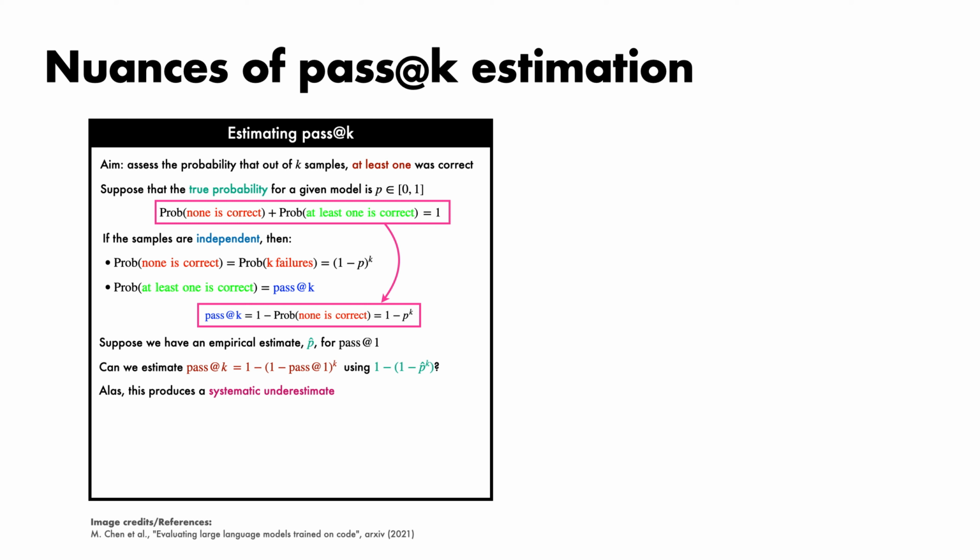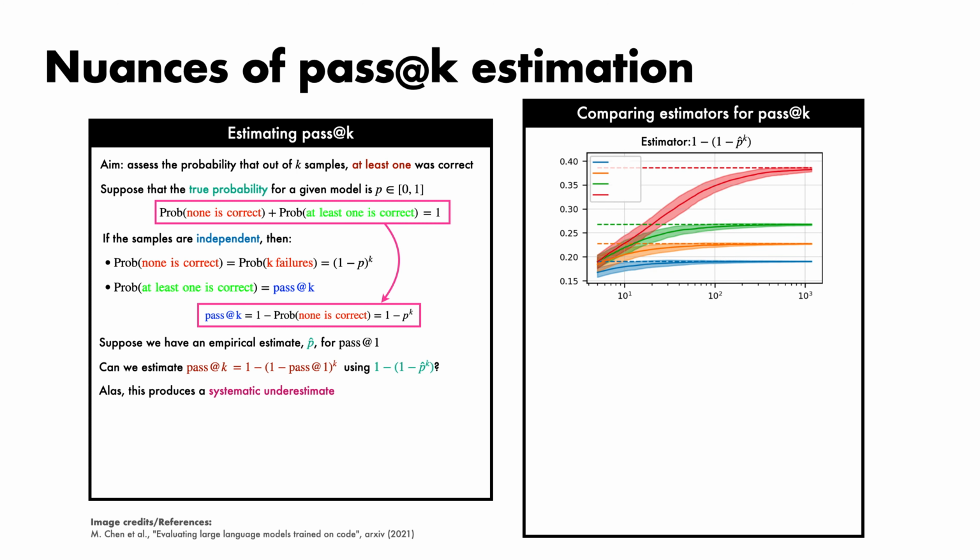To see this, we can plot both the bias and variance of the estimator for pass@k that uses this formula. On the x-axis, we have the number of samples, and on the y-axis, we have the pass@k score. The blue line denotes k equals 5. The orange line is k equals 10.